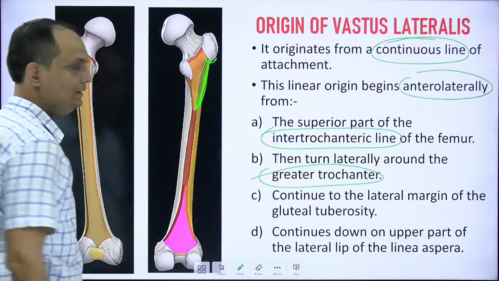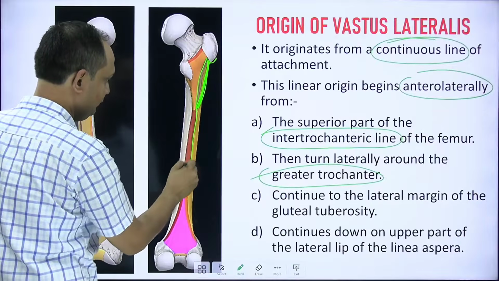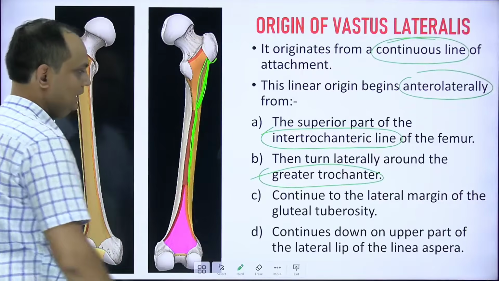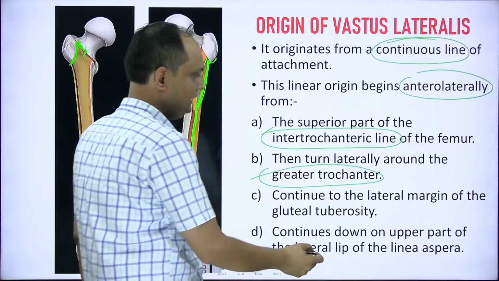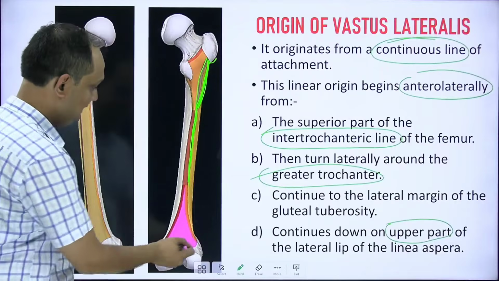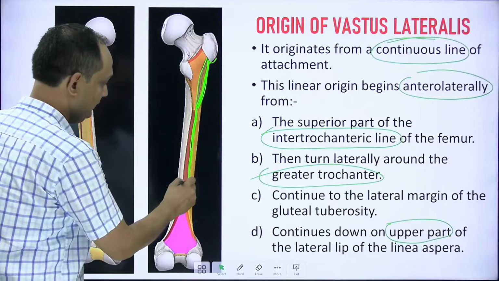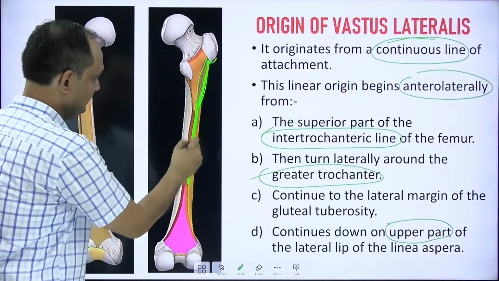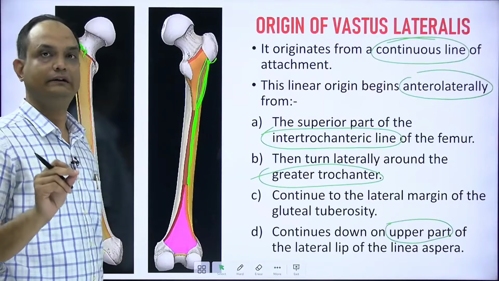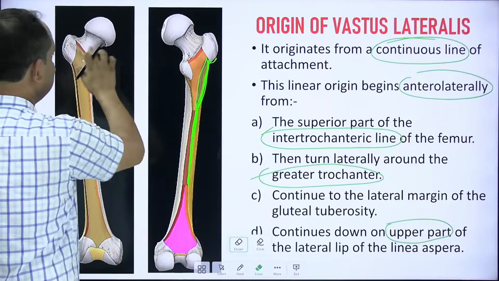Then it continues downward on the lateral lip of linea aspera, but only in the upper part, not extending to the lateral supracondylar region; you can say the upper three-quarters of linea aspera. So, what is the origin of vastus lateralis?